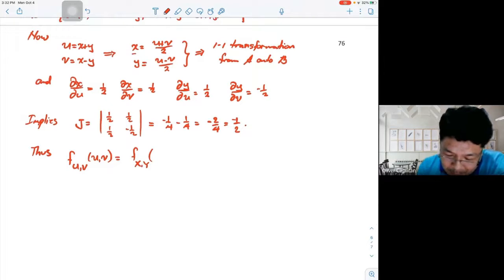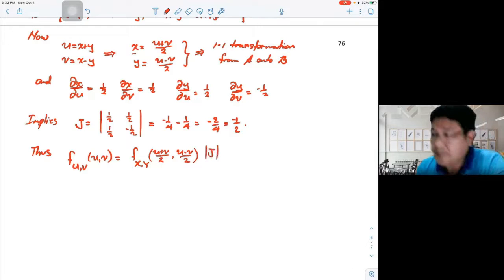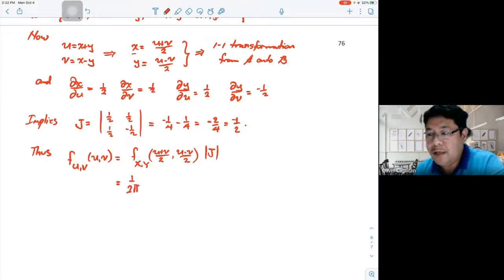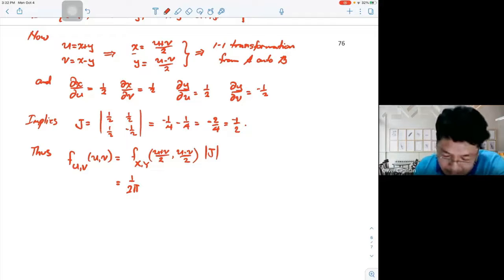X should be in terms of (U plus V) over 2, and then Y, (U minus V) over 2, times the absolute value of our Jacobian. So we have 1 over 2 pi using the joint PDF of X and Y, times the exponential function of the negative of x square.